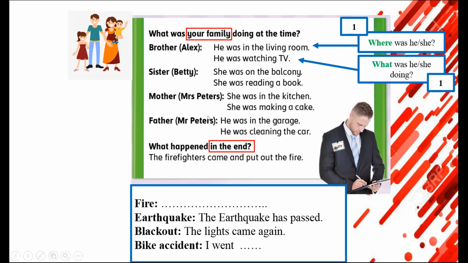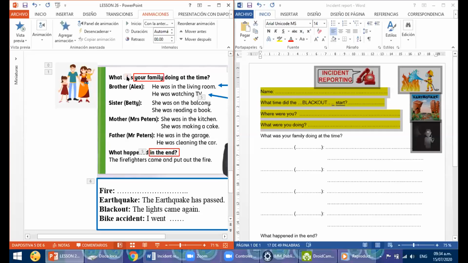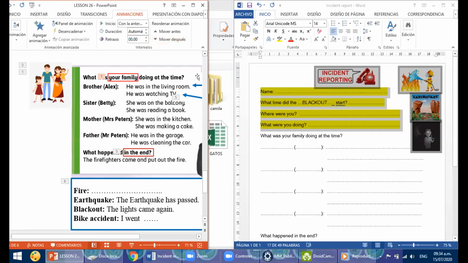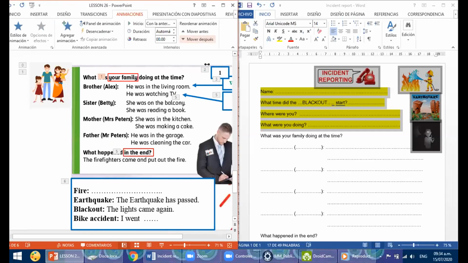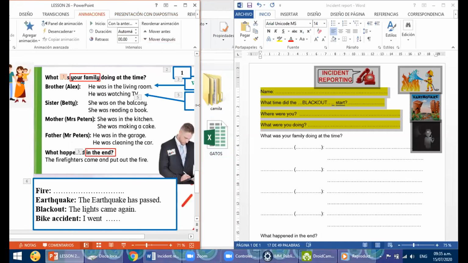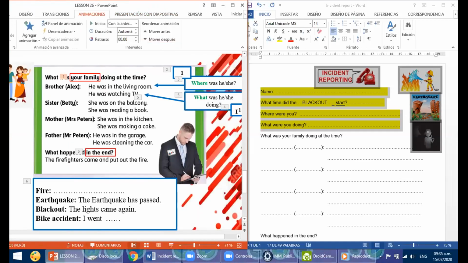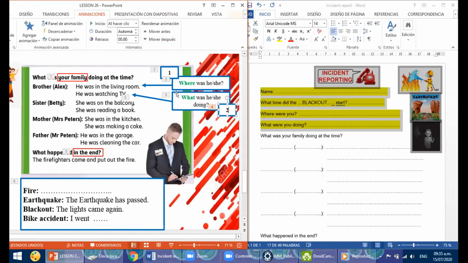Okay? Now, please, let's complete this part. Remember, two sentences for each family member. It's not only one sentence. The first is, where was he or she? And the second sentence is about what was he or she doing?